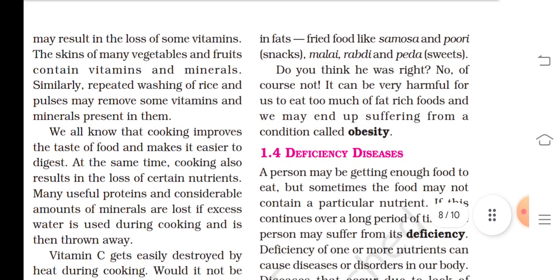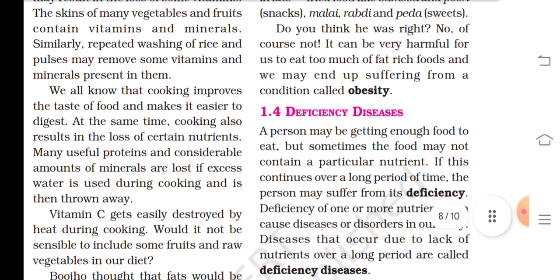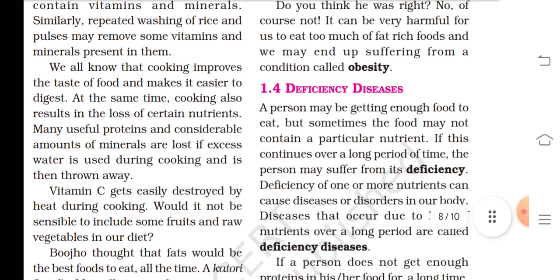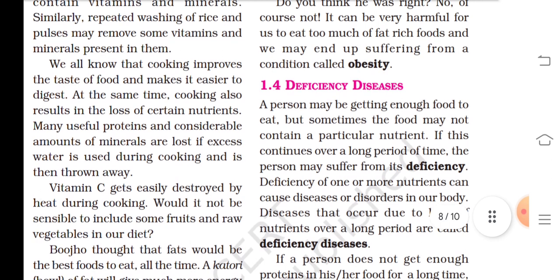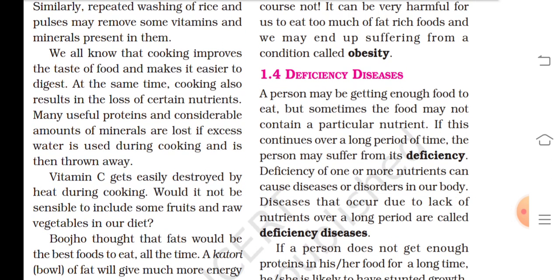In fact, fried food like samosa and puri, snacks, malai, rabdi and peda sweets. Do you think he was right? No, of course not. It can be very harmful for us to eat too much fat-rich food, and we may end up suffering from a condition called obesity.